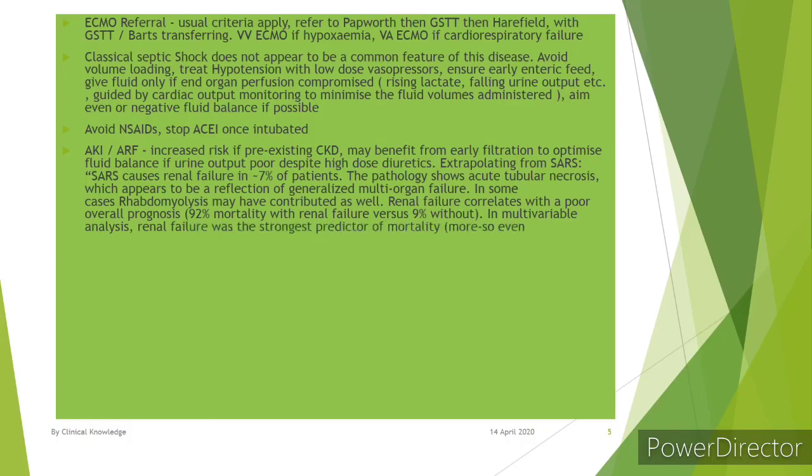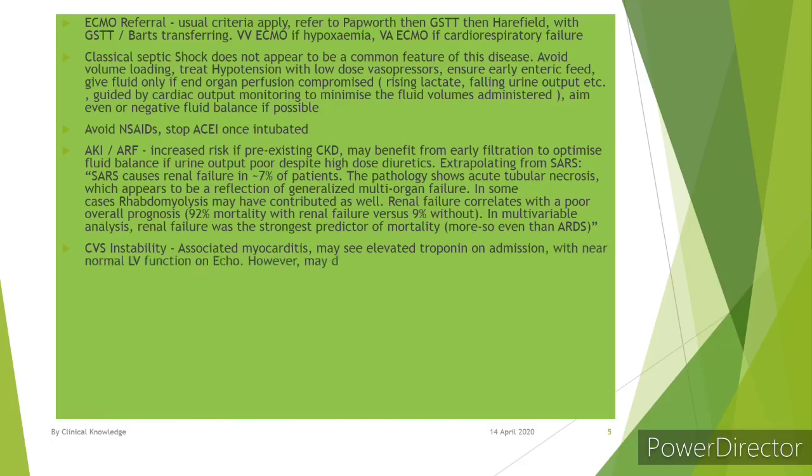CVS instability: associated myocarditis may show elevated troponin on admission with near normal LV function on echo, but may develop late cardiomyopathy, with sudden fall in ejection fraction and increased arrhythmias.